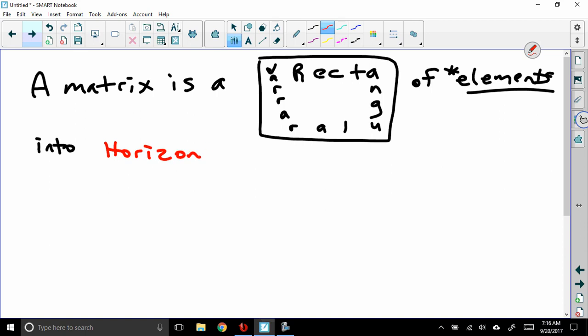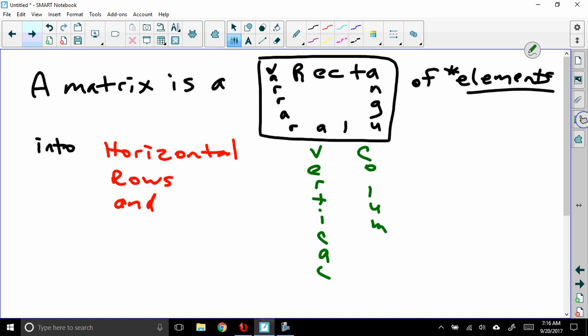horizontal rows and vertical columns. So rows are the series of elements that go across. One of those is called a row, and columns are the series of elements that go up and down to form a column.